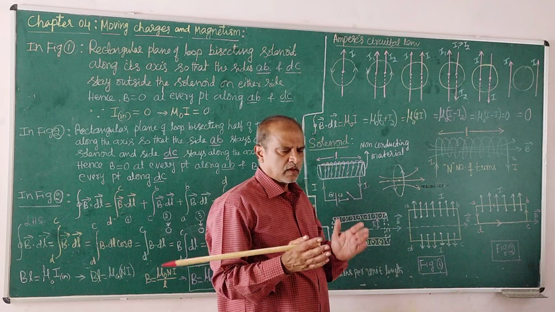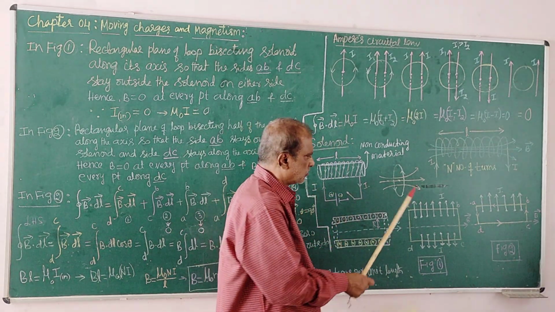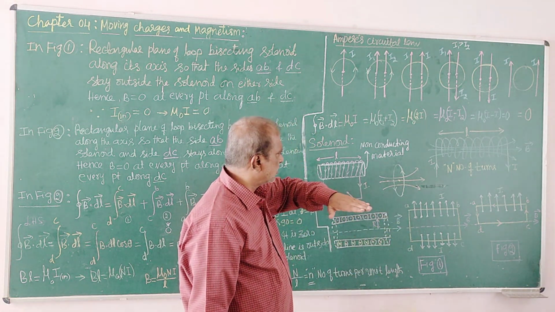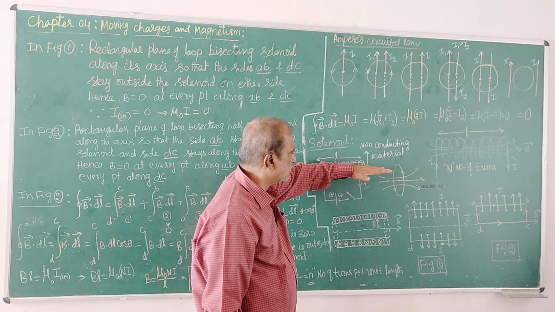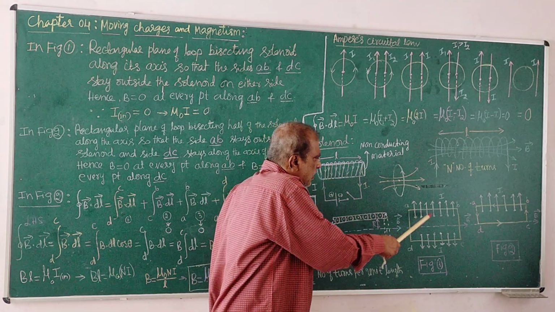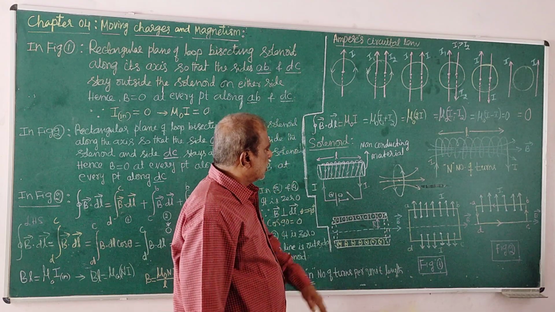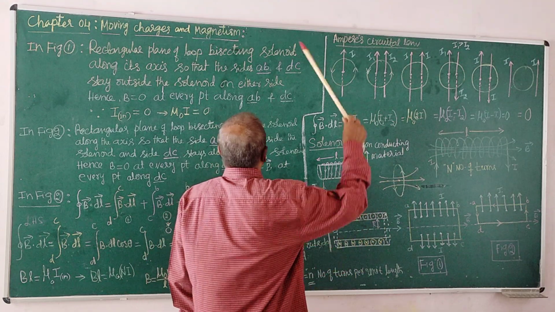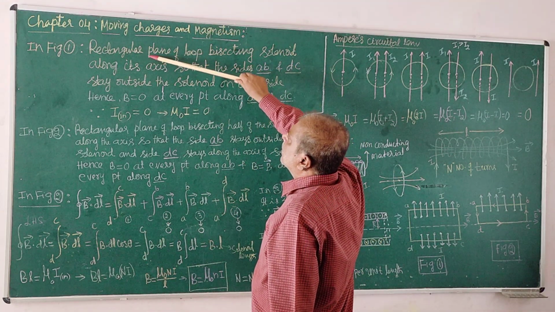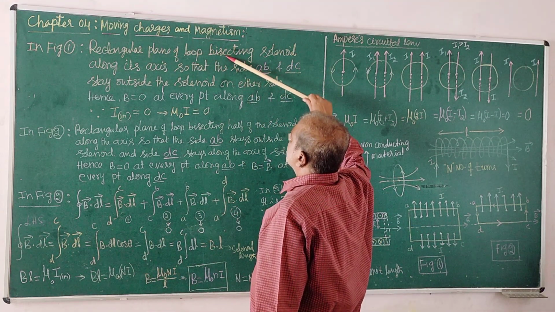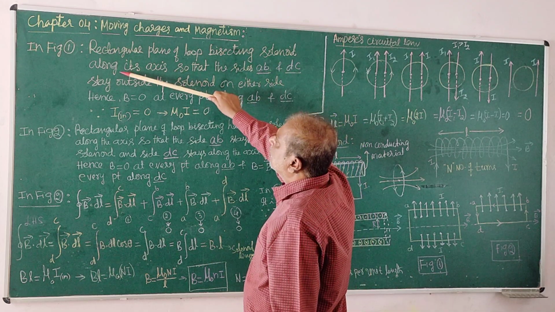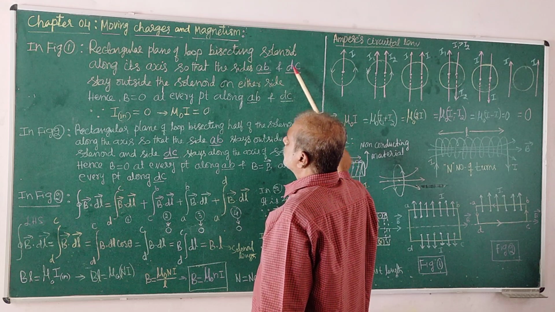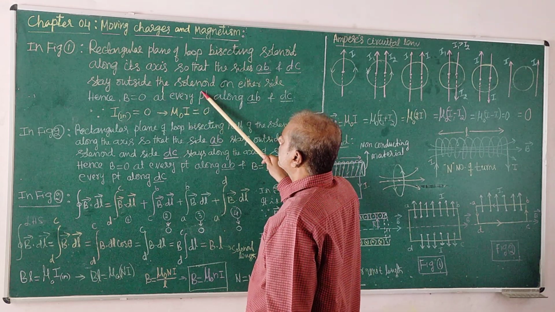This rectangular loop encloses a plane. This plane is inserted into the solenoid like this. This rectangular plane of loop is bisecting the solenoid along its axis, so that the sides AB and BC stay outside the solenoid on either side.